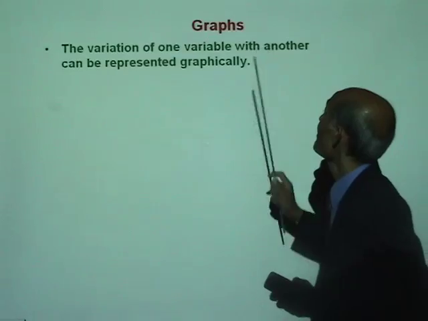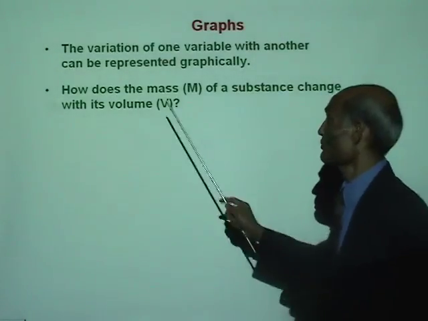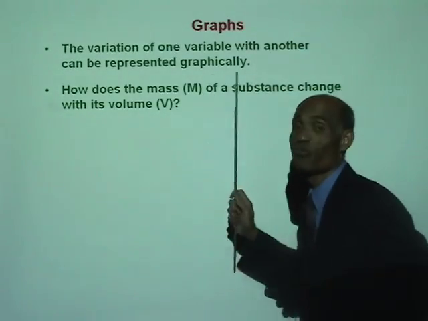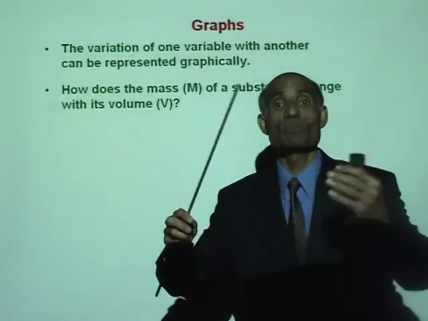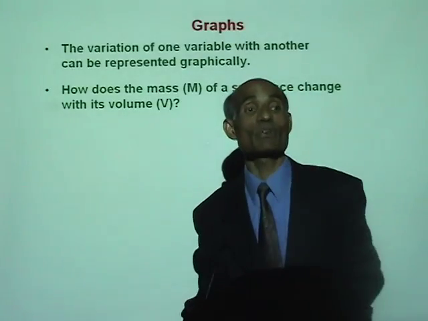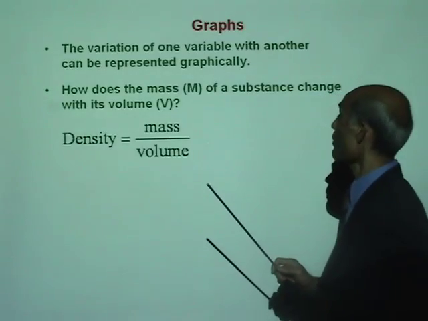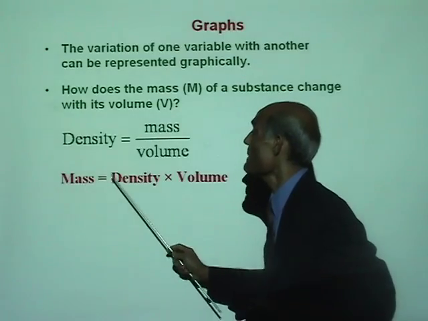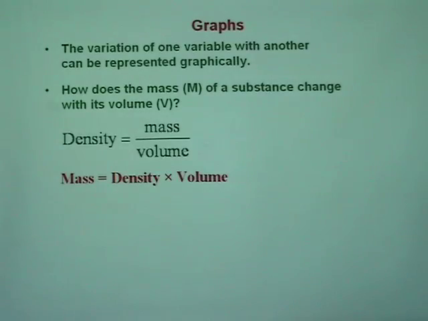So the variation of one variable with another can be represented graphically. For example, how does the mass m of a substance change with volume? Now, if I keep on increasing the volume, the mass also will increase, because density is mass divided by volume. So if I want to write an equation for mass, that will be mass equal to density multiplied by volume. Now, watch this.